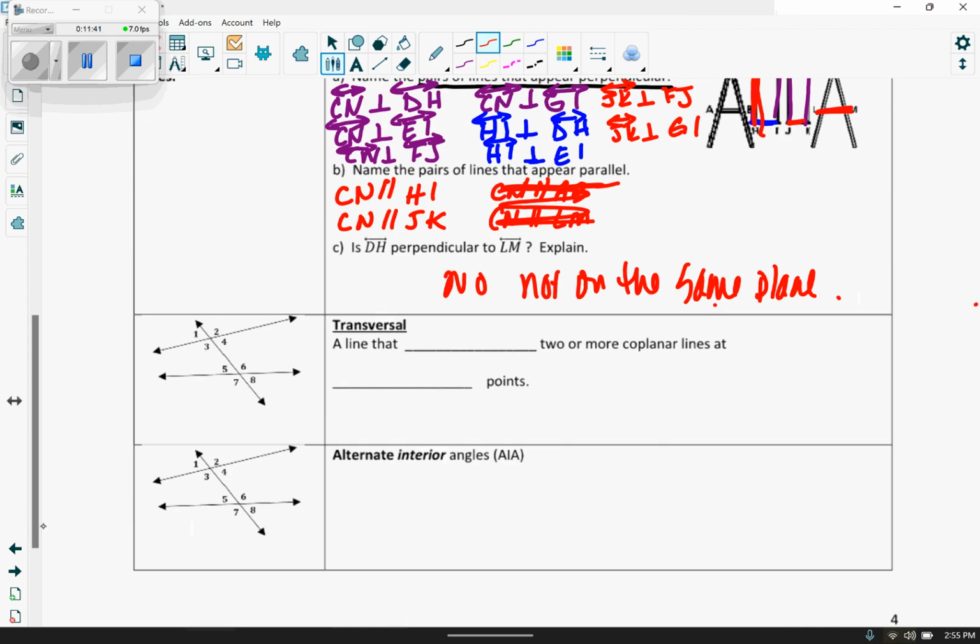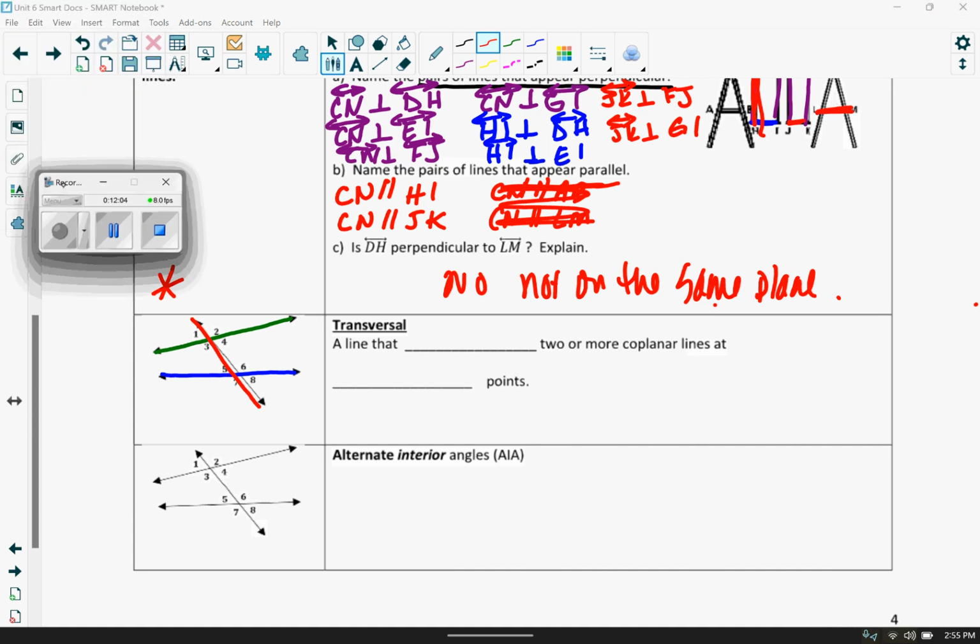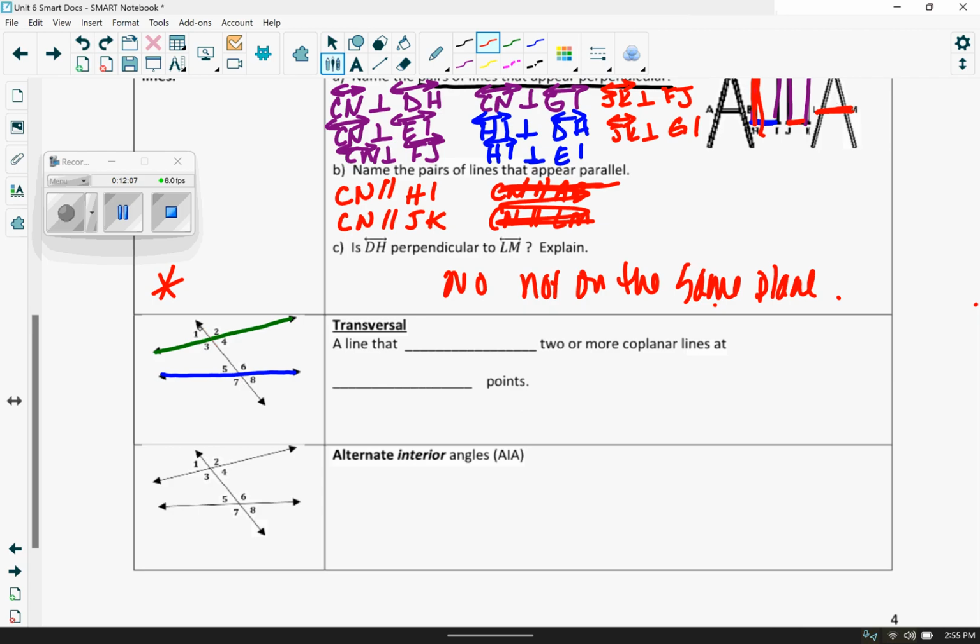Alrighty, transversals. Now this is the meat and the potatoes of the whole entire unit. Here's where we're starting. We're talking about a transversal. Well, if I have this line right here, and I've got this blue line down here, and let's get this guy to be a red line. Oops, let's undo him real quick. There we go.